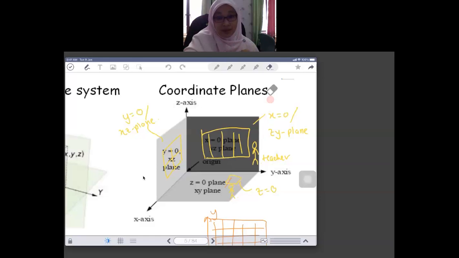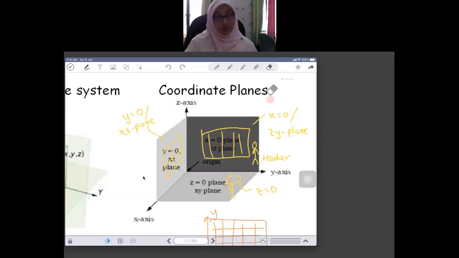Yes. Because normally in the exam, there is a question asking you to sketch some diagram, where the graph is the combination of a few equations, not only one single equation, the combination of all the equations.